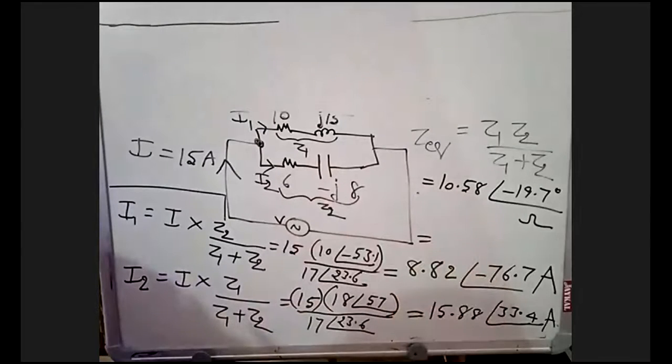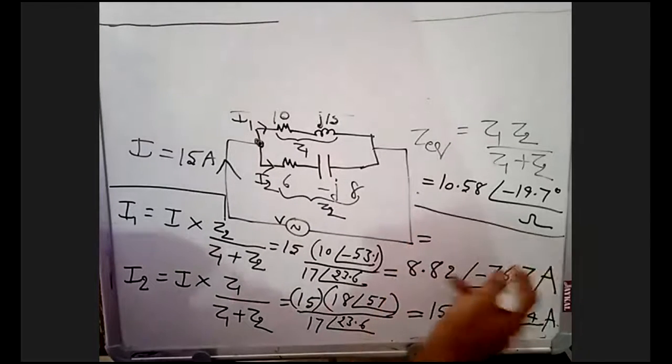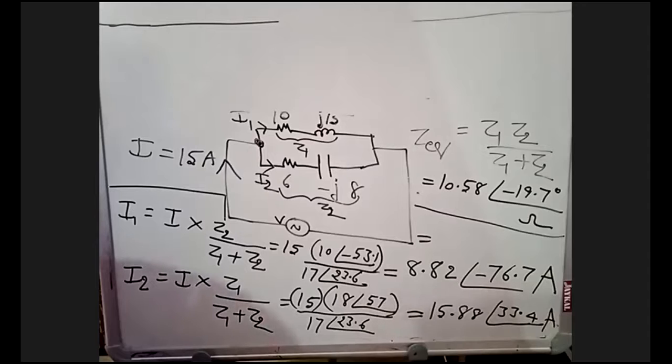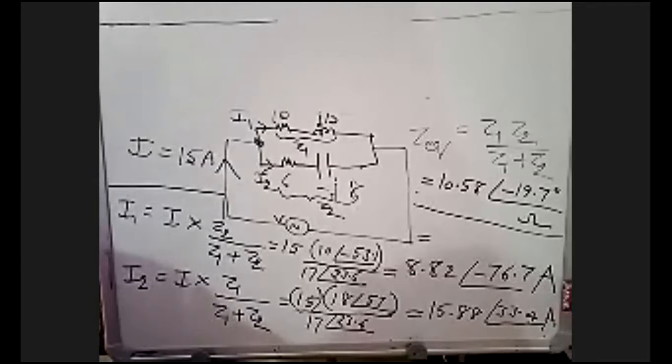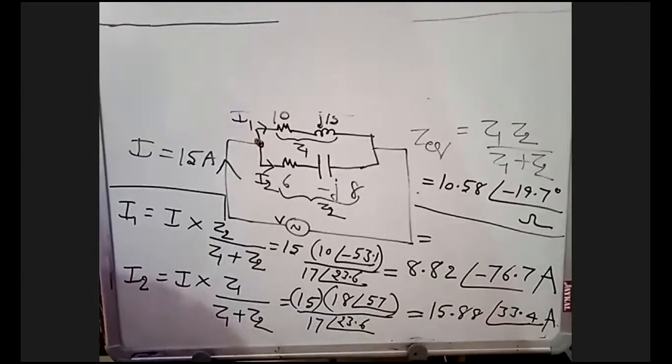8.82 at an angle minus 76.7. Please convert this and tell me the value. REC 8.82 comma minus 76.7.